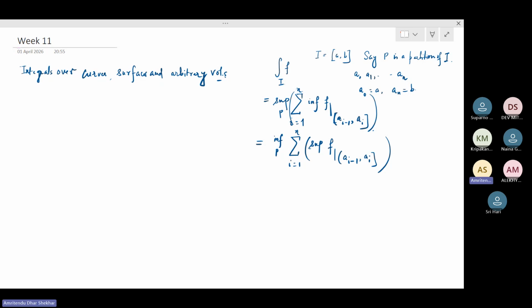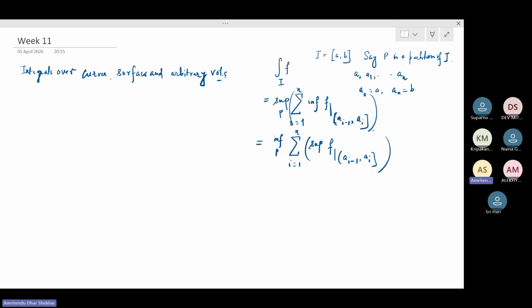Now, when you have curves and surfaces, which are arbitrary sets over R^n, the notion of integral is still a kind of Riemann integral, but there is a notion of a density function that we also add in.